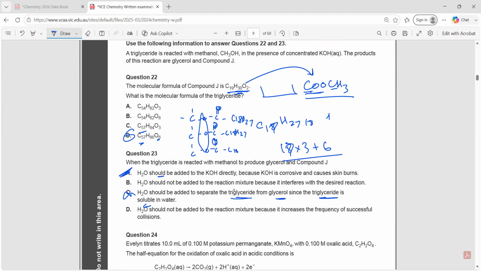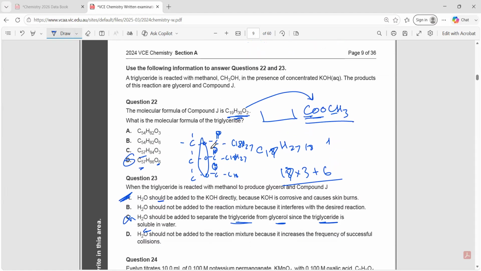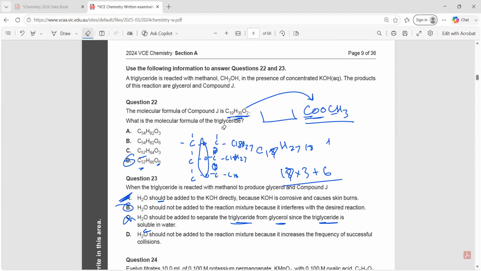H2O should not be added to the reaction mixture because it interferes with the desired reaction. Yeah, most likely. Why would you, so it's an esterification reaction. Why would you add water into it? Also, water is being produced, right? Technically, if you kind of think about it. Or is it? Oh no, it isn't. But still, you should not add water in this situation. Okay.